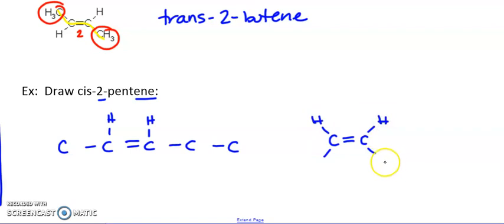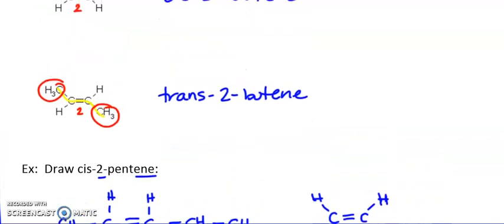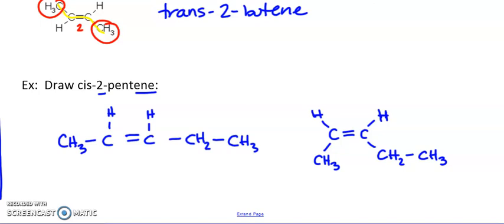And then I would have off of that CH3, and here is where it would be best to write CH3 here, and then CH2, CH3, like this. Okay, you could do it either way, but I think this second way is a little more clear. So alkenes, very similar to alkanes, but now you're labeling where the double bond is, and then you've got your geometric cis and trans isomers.